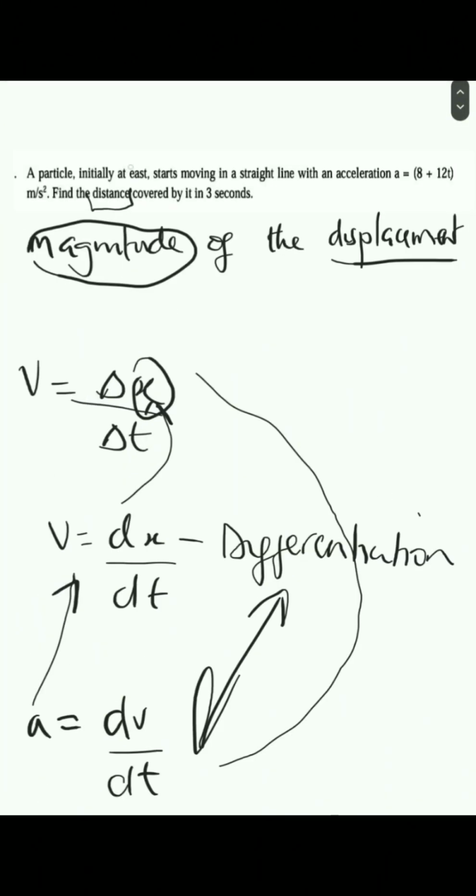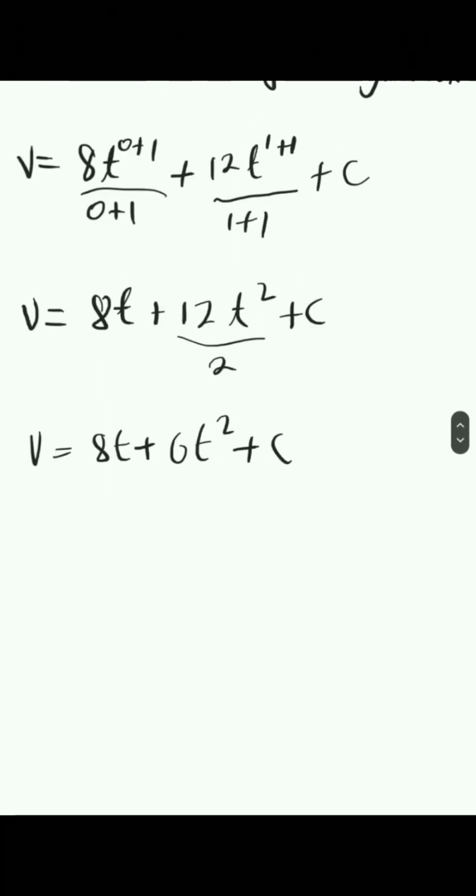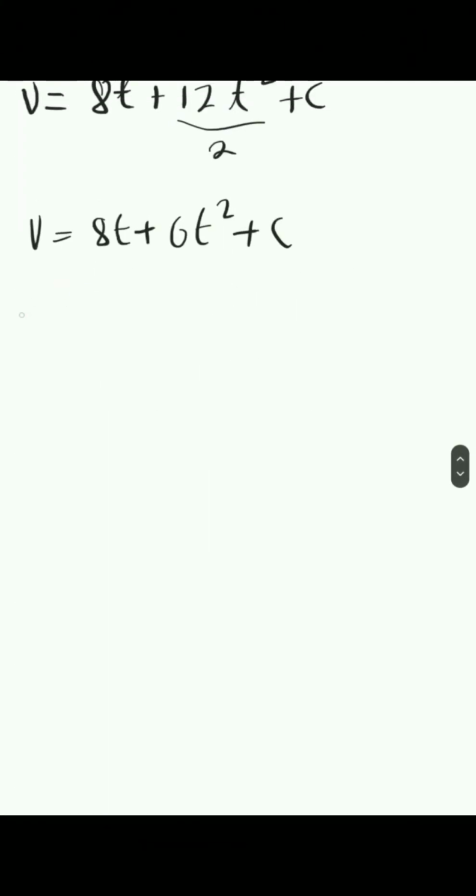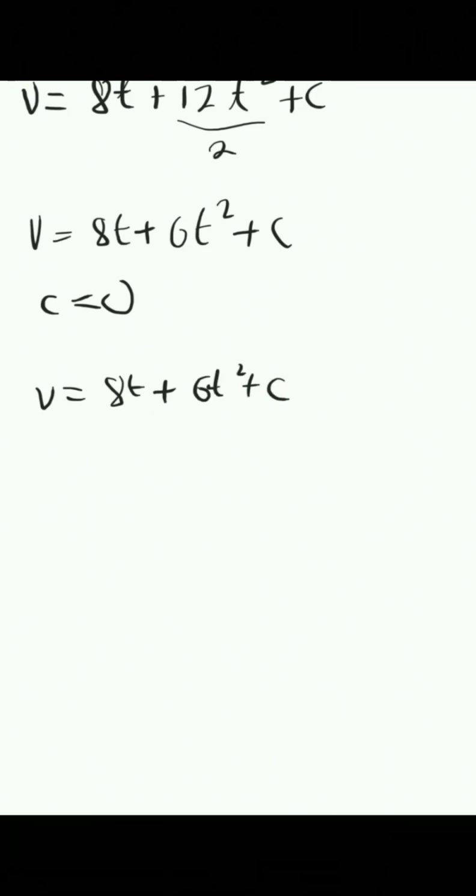Now being that we're starting from rest, our c is 0, so we're going to have our v equal to 8t plus 6t squared, being that c has been equated to 0. So we'll remove our c there.